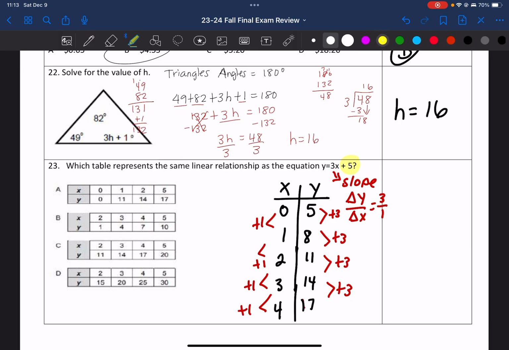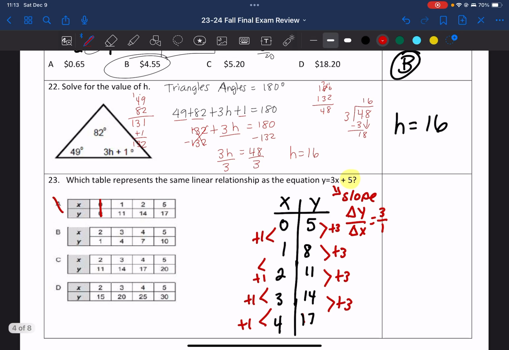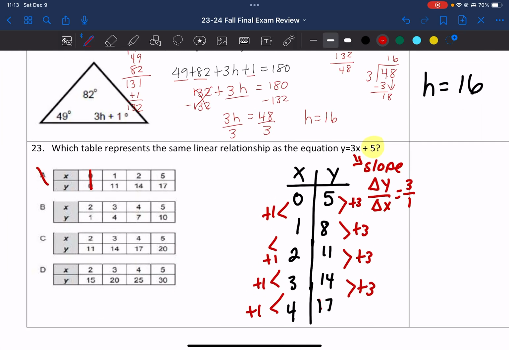Now let's look at these. Okay, so what I'm going to do is I'm going to cross off as I go. So it cannot be A because it's 0, 0. Can't be that. Okay, none of the other ones have x equals 0. So we're going to have to not look at 0, 5, or here, let's look at 1. So if I look at B, I don't start with 1, I start with 2 for x, but on our table we have 11, so it can't be this one.